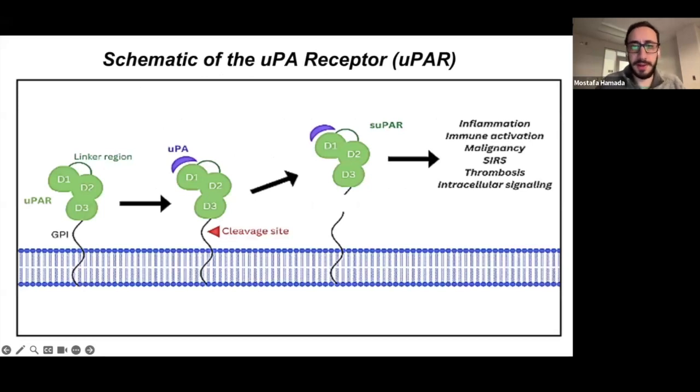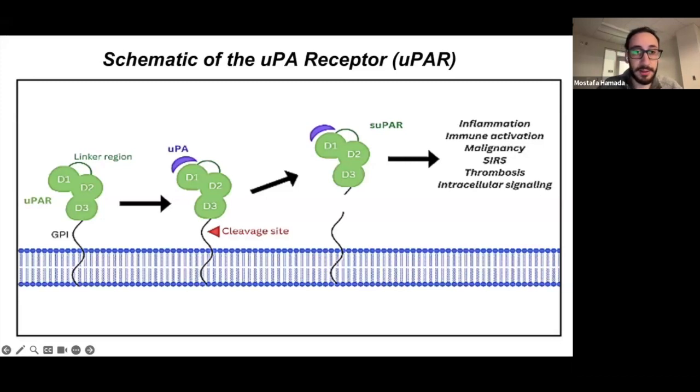So this is also a schematic that we use in our paper of how the GPI protein is being cleaved. Given that its cleavage site is on the cell membrane, you can have a suPAR or soluble uPAR fragment that is free floating in the blood that can be detected through antibodies in the blood serum.